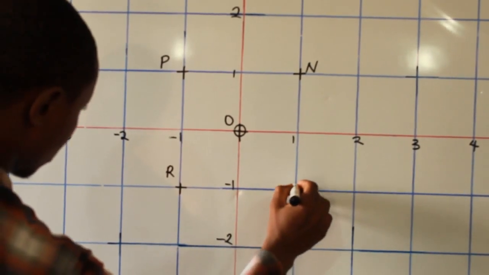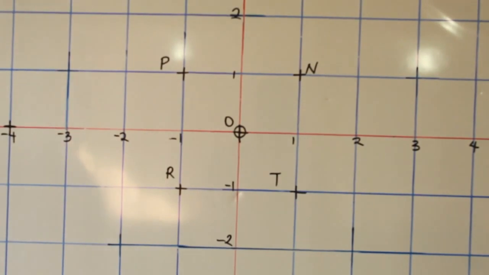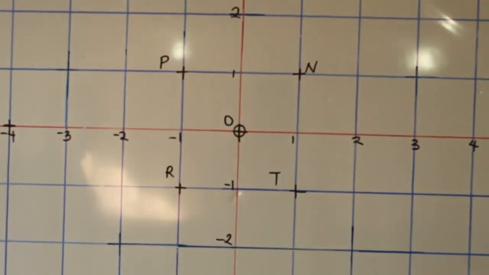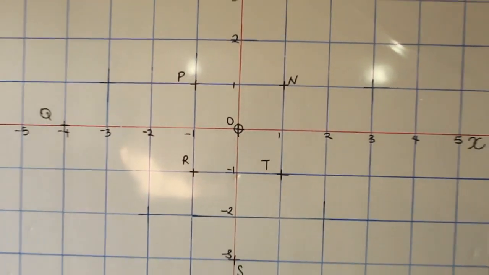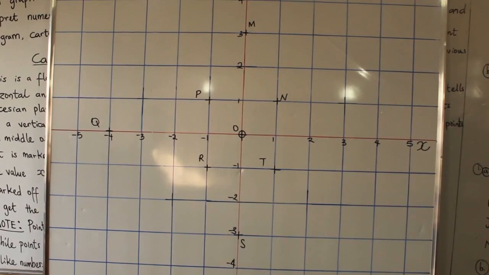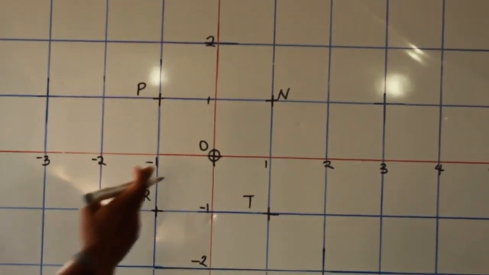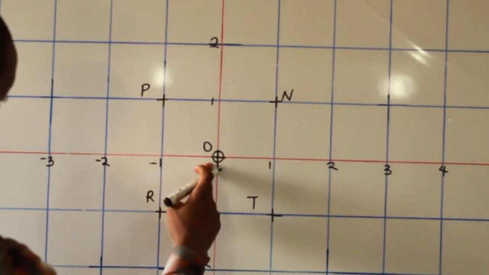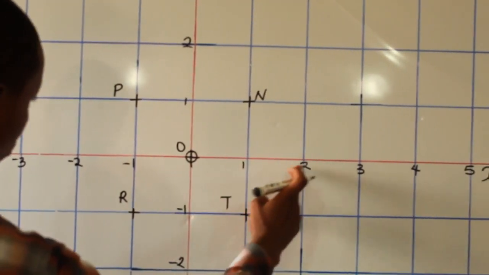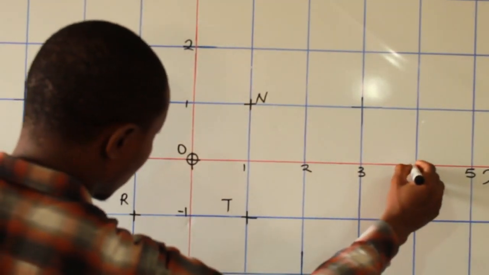This is our point T. And the next point is our point U. Point U is our last point, and it's (4, 0). From the origin, 4, we're moving in the positive direction. 1, 2, 3, 4, 0 means we stay there.